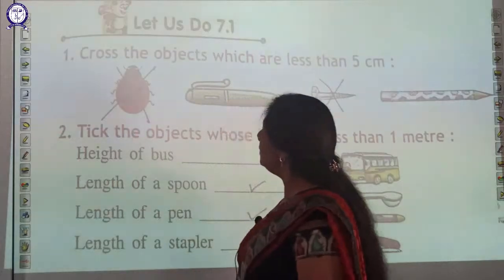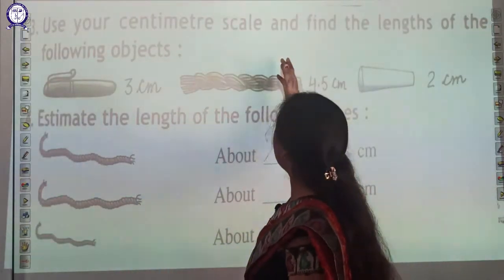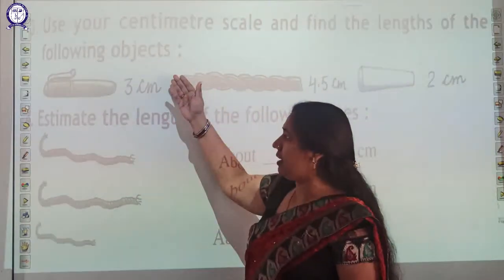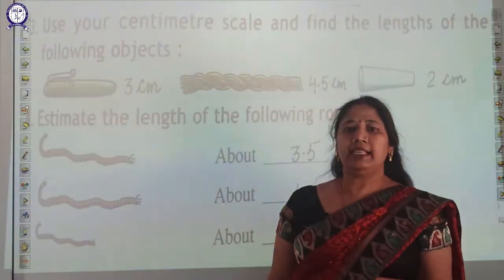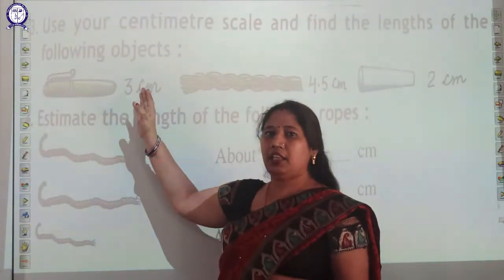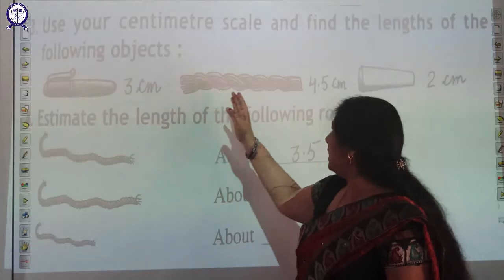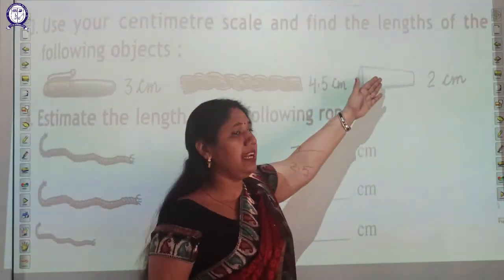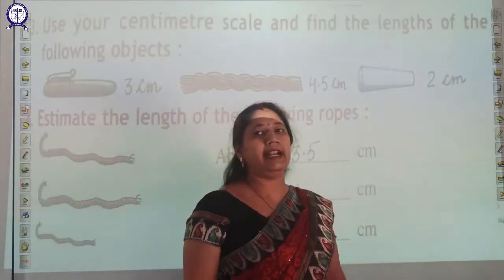Come to the next. Use your centimeter scale and find the length of these following objects. You have to use your centimeter scale, your ruler, and I have measured, that is 3 centimeters, and that is 4.5 centimeters. And what is the length of a chalk? 2 centimeters.